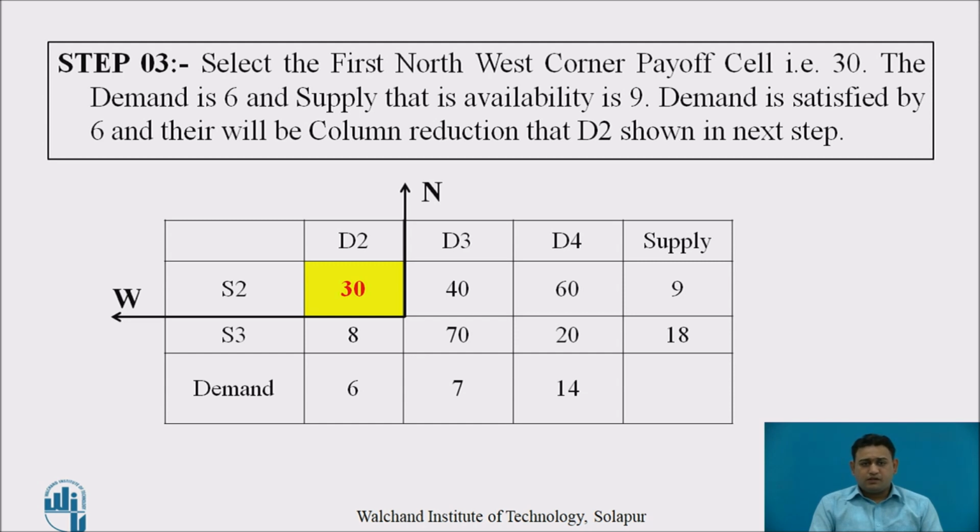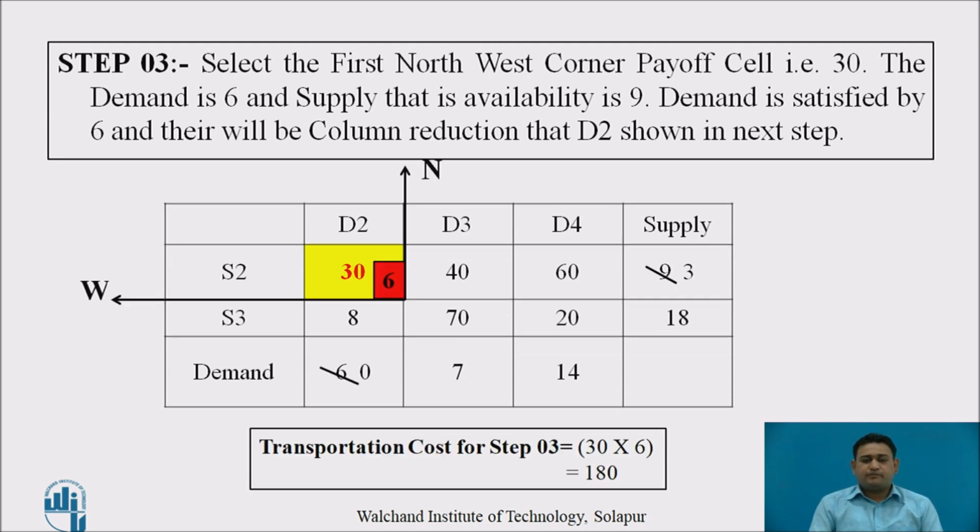Here when we see the cell of 30, the destination D2 has a demand of 6, and the source S2 has a supply of 9. Whatever the demand of D2 is, it is totally satisfied by the source S2, and the source S2 is left with availability of 3.